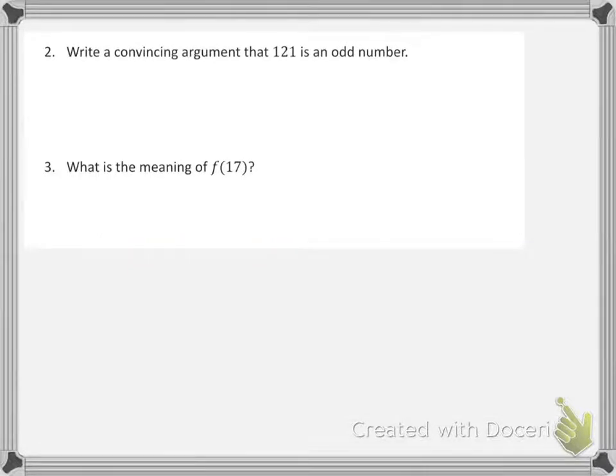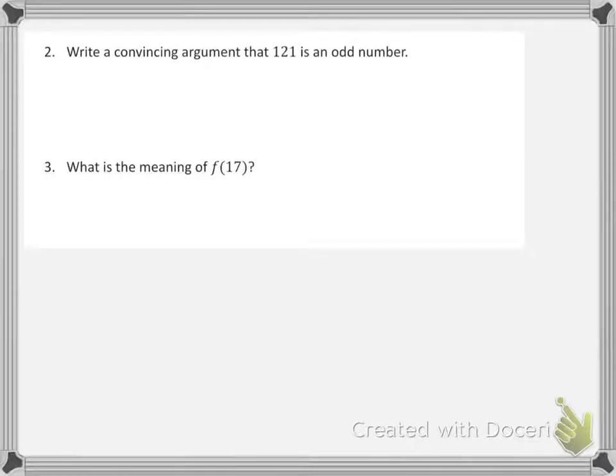Number 2, write a convincing argument that 121 is an odd number. Well, I would say if you double any number, the answer is going to be even. And then if you add 1 or subtract 1, then you'll end up with an odd number, right? One bigger or one smaller.